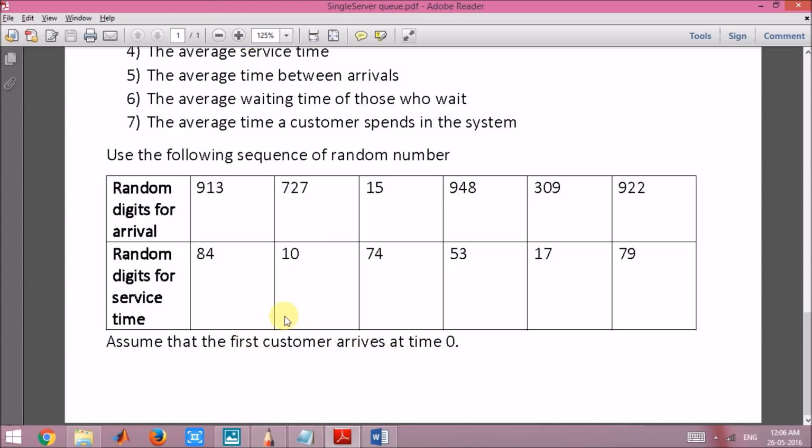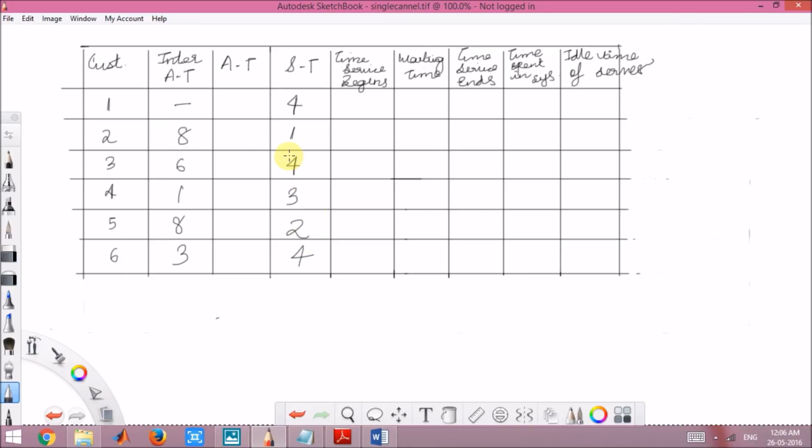Hence the arrival time for that particular customer becomes 0. Now the next customer's time will be the addition of this. So 0 plus 8, similarly 8 plus 6, 14, 15, 15 plus 8, 23, and finally 26. So that is the arrival time of each of these customers.